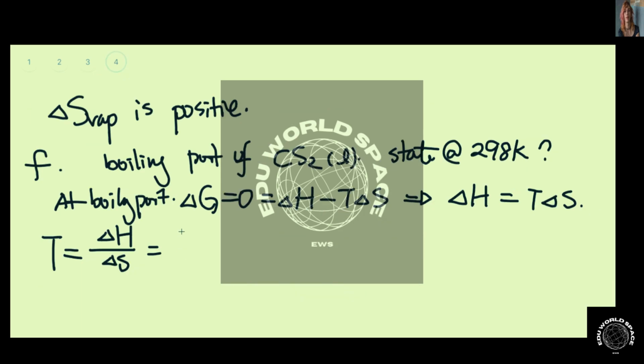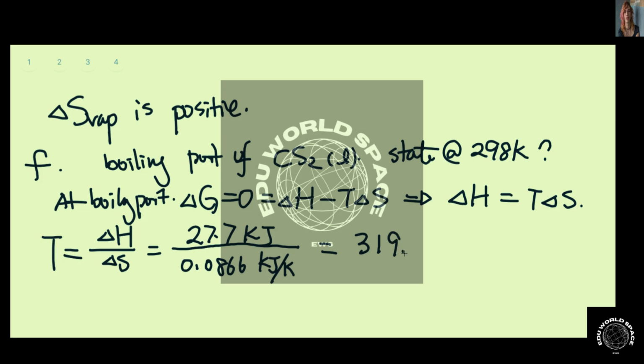So delta H divided by delta S will be equal to 27.7 kilojoules divided by 0.0866 kilojoules per Kelvin. And by doing the math, you will get a temperature of 319.9 Kelvin.